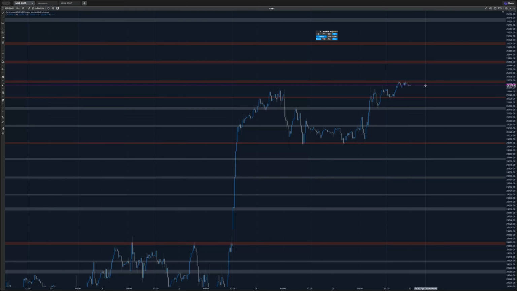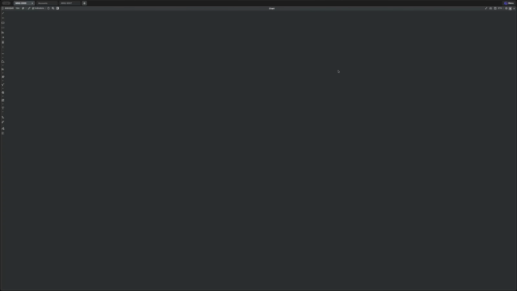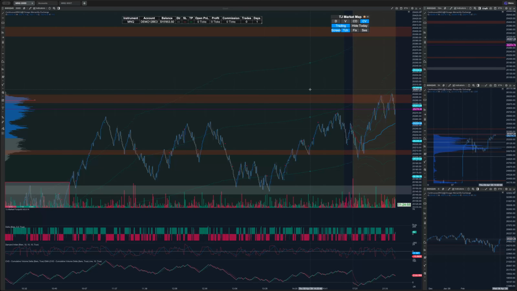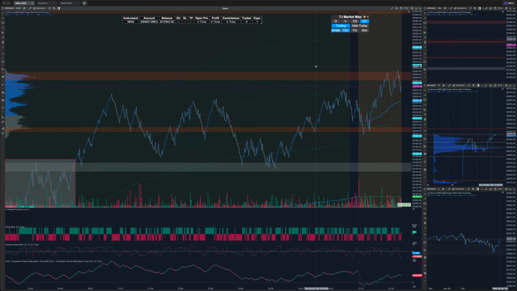Everything within that range here, I would consider more range trading. Once the market breaks this level down here, I would consider more short. Once it breaks that one, I would consider more long. Okay, that is for the day. That's the preparation for the trading day, 10th of April 2026.